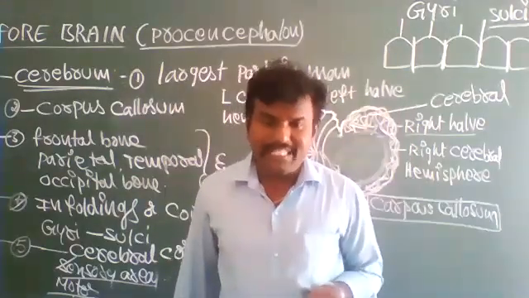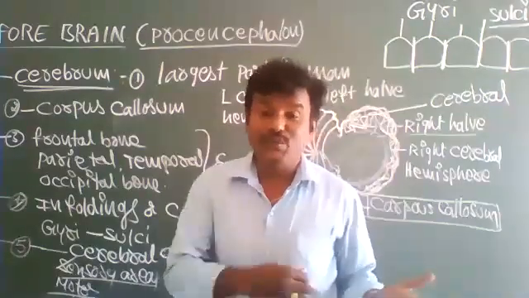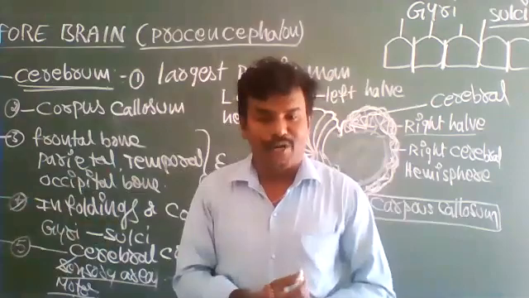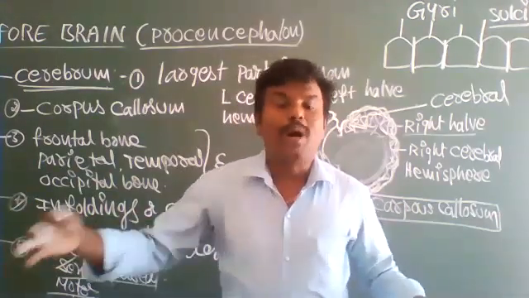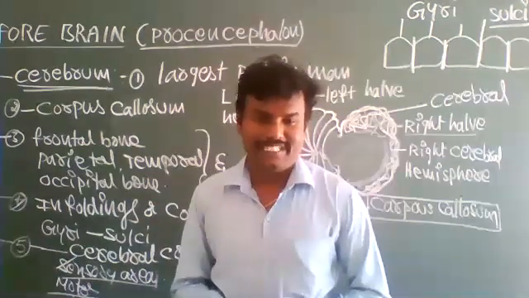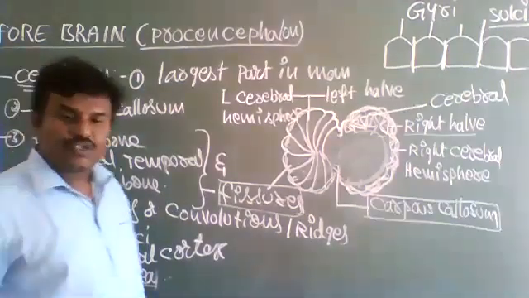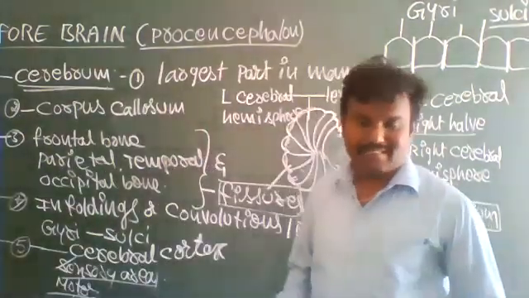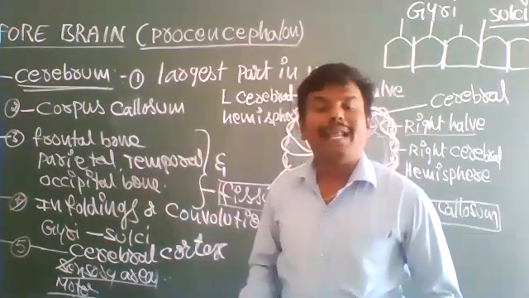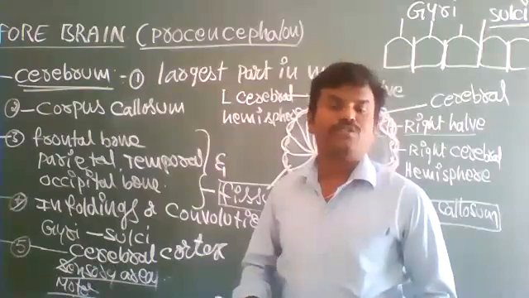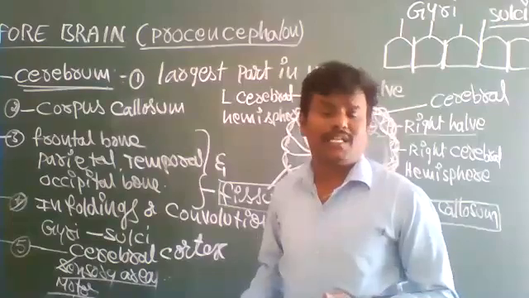Motor areas transmit impulses from the brain to various parts of the body and control various voluntary activities of our body. Various activities means what?